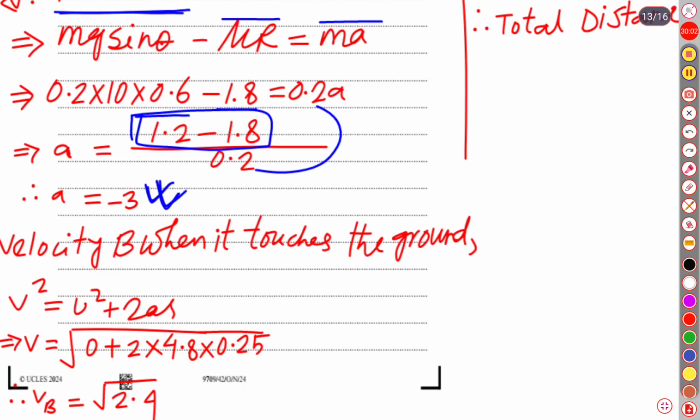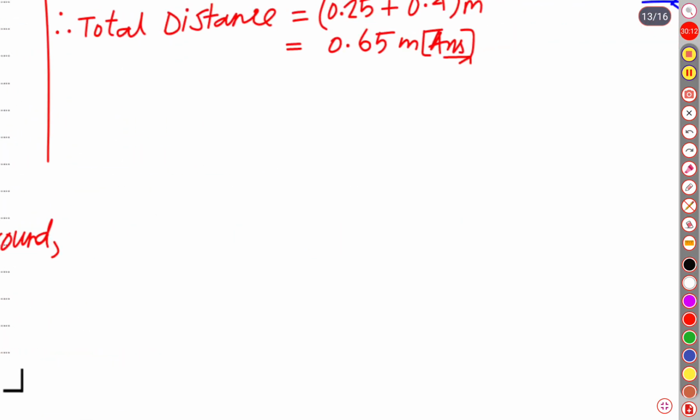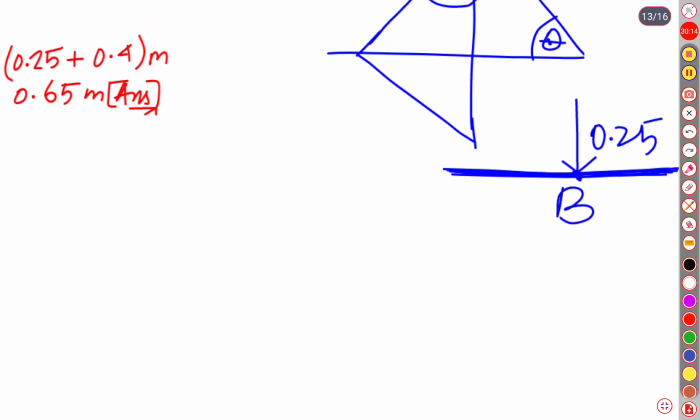So we have written v squared is equal to u squared plus 2as, and this is for B, look, not for A. This is actually about B. We are talking about B, the final velocity just before it reaches the ground, because this velocity will be applicable for both A and B.